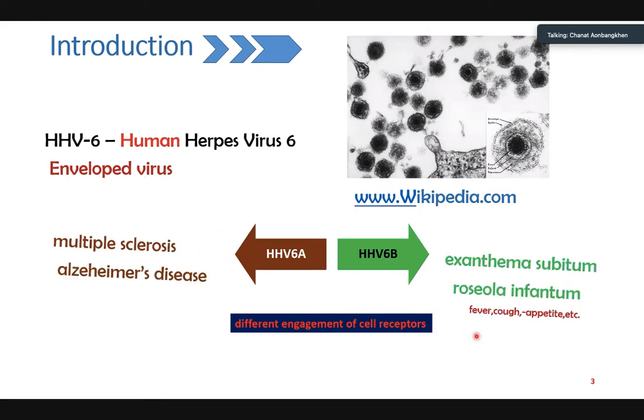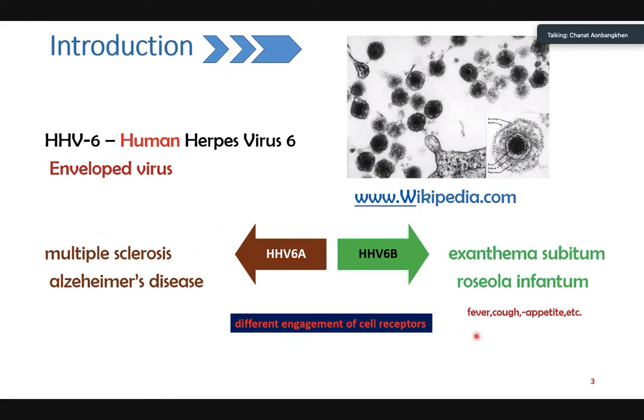HHV6B has been attributed to be the primary agent for exanthema subitum, which is also known as roseola infantum. This is a disease that affects infants, and it has symptoms ranging from fever, cough, loss of appetite, and so on.